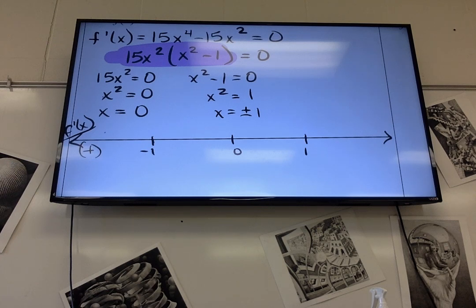Negative 2 squared is positive, and then 4 minus 1 is also positive. So positive times positive is positive. So from negative infinity to negative 1, the derivative is positive.